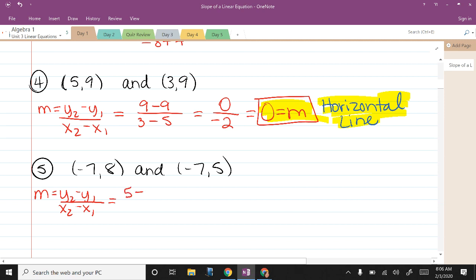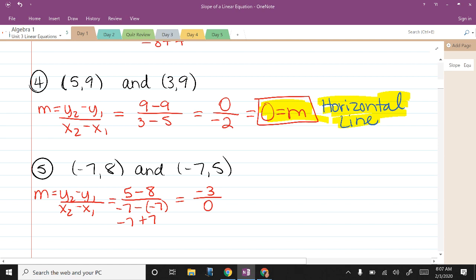Minus what is y1 over what is x2 minus what is x1? Negative. Look at all them negatives on the bottom. They don't scare me. What's 5 minus 8? Negative 3 over, isn't that negative 7 plus 7, the double negative? What's negative 7 plus 7? 0.